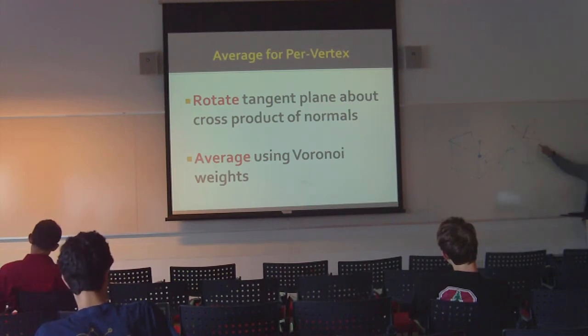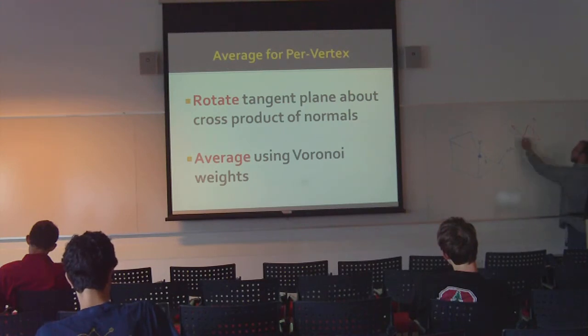I can take the cross product of these 2 directions, right? This is sort of similar to that discrete elastic curves paper that you guys implemented on your homework, right? What I'm going to do is I'll take the cross product of these 2 directions, which is some mutually orthogonal thing to both of these guys. And I'll take the plane of the triangle and rotate it into the plane of the vertex, defined by this normal, by rotating along this cross product direction, which is sort of the one direction that's in common between these 2.